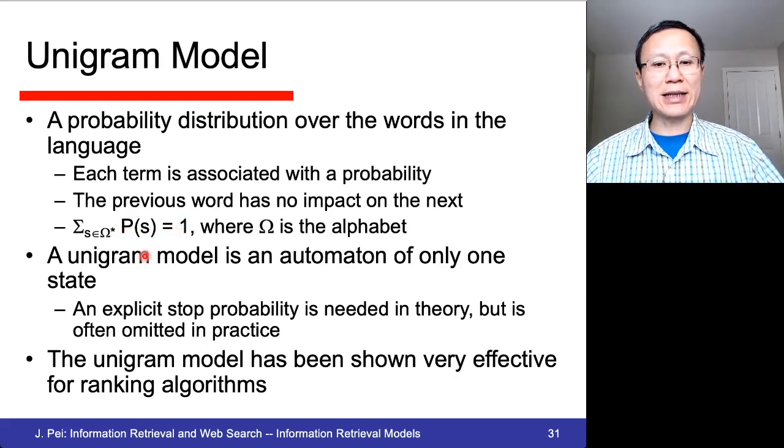To that extent, we can regard a unigram model as an automaton of only one state, which is itself. An explicit stop probability is needed in theory, but is often omitted in practice.